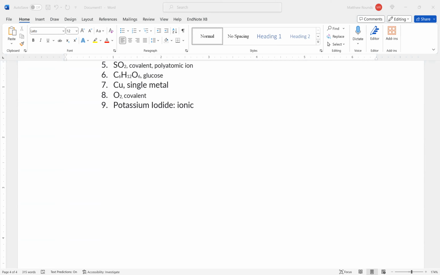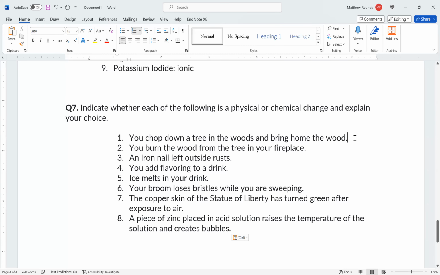The next is physical or chemical change. Physical are things you can usually see. Chemical, well, we'll get to. So you chop down a tree in the woods and bring home the wood. Actually, let's go back and read the difference between physical and chemical change. In a physical change, matter changes in form or appearance, but not identity. In a chemical change, there's a change in the substance.